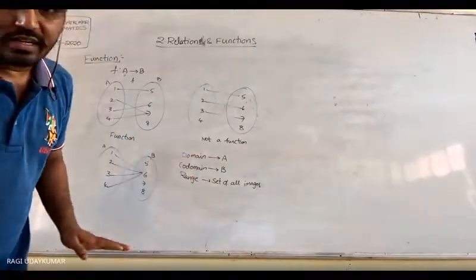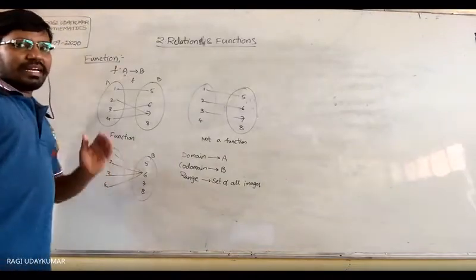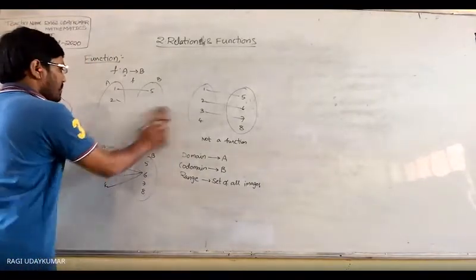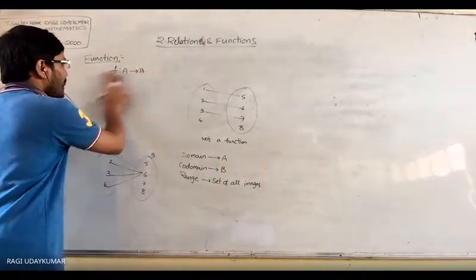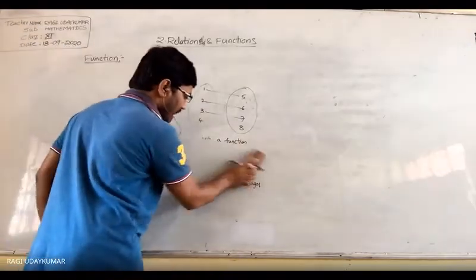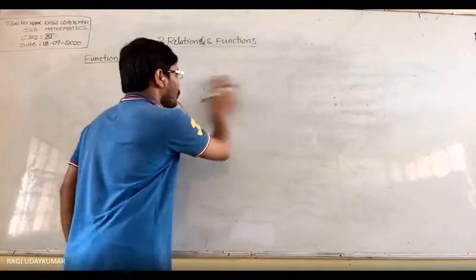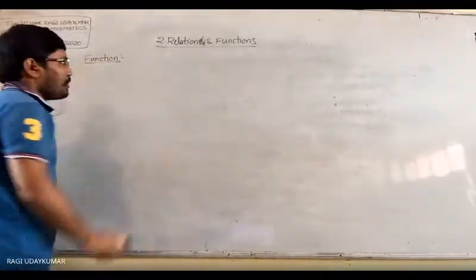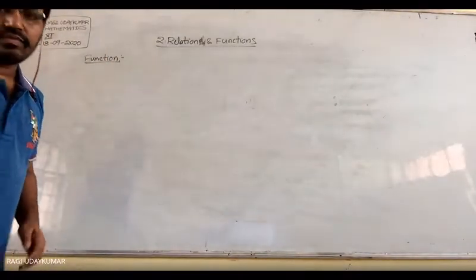This is about the function, domain, codomain, and range. So how do we identify when a function is given to you? A function can be given to you in different formats. Like this diagrammatical representation may be given to you, or it may be given in roster form.